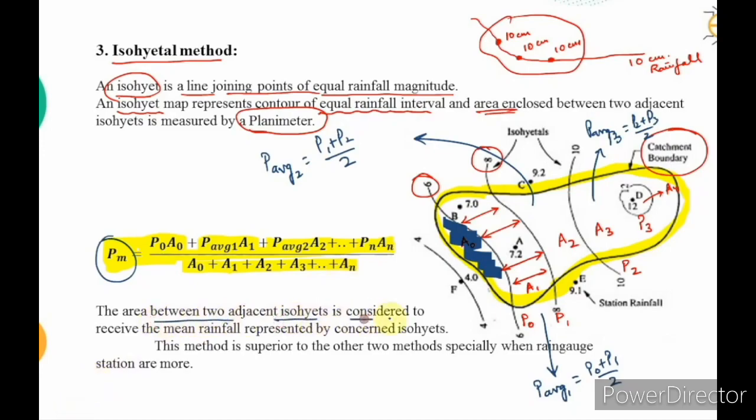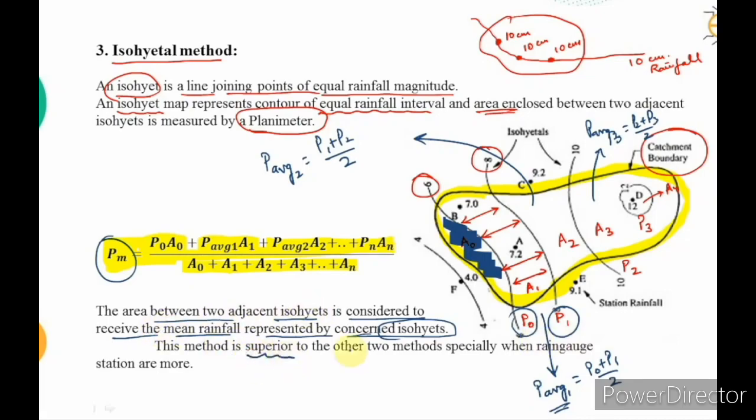The area between two adjacent isohyets is considered to receive the mean rainfall represented by the concerned isohyets. That means if the concerned isohyets are P0 and P1, the area between them is assumed to receive rainfall that is the average of these two values.